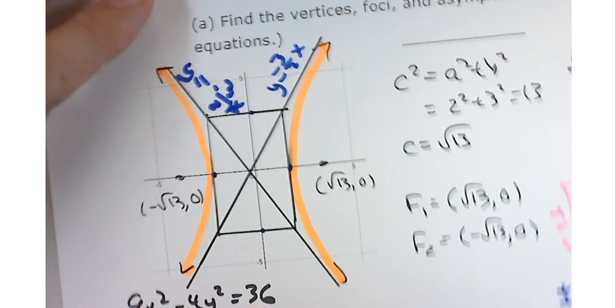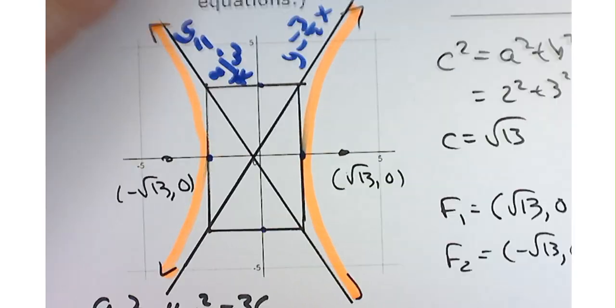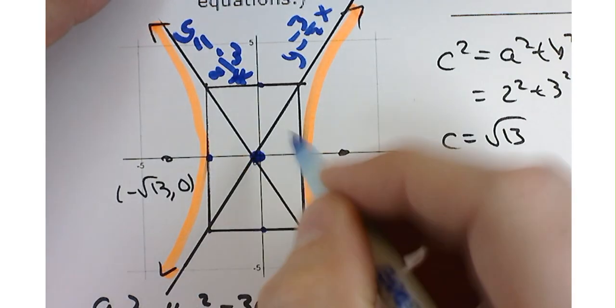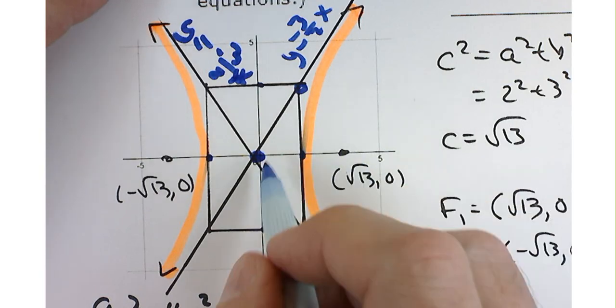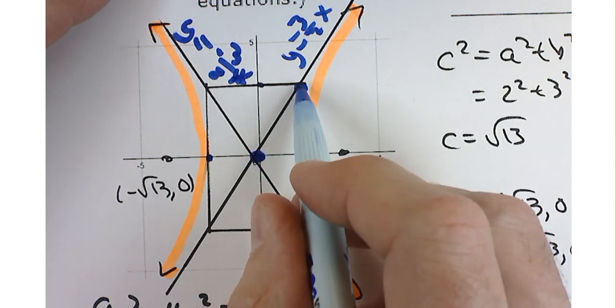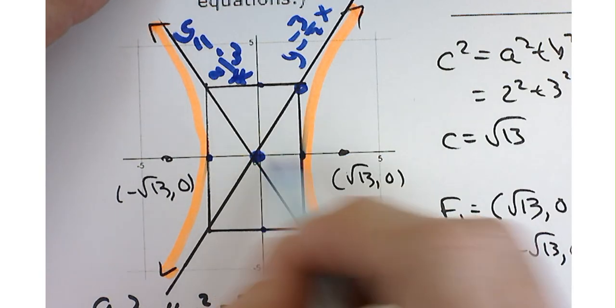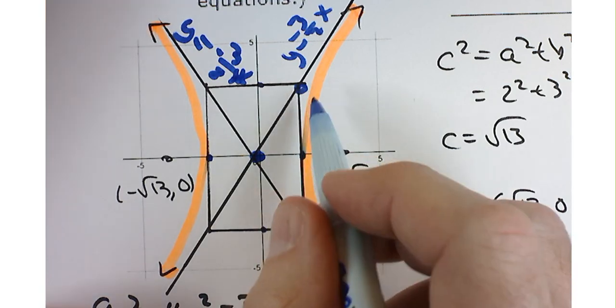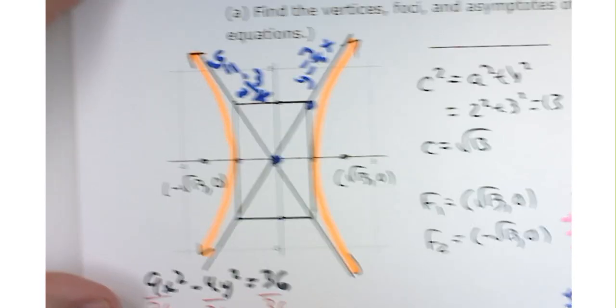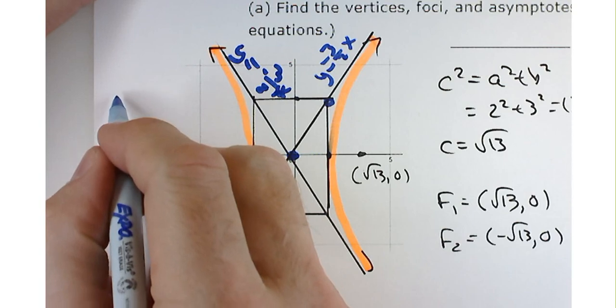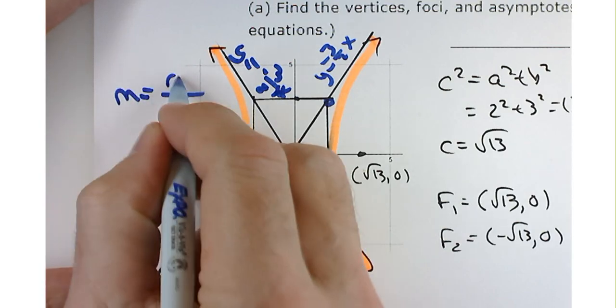You can confirm that by looking at this rectangle. This line which goes through the origin passes through this point right here, which is over 2 and up 3. Remember how you measure slope. The slope of a line is rise over run.